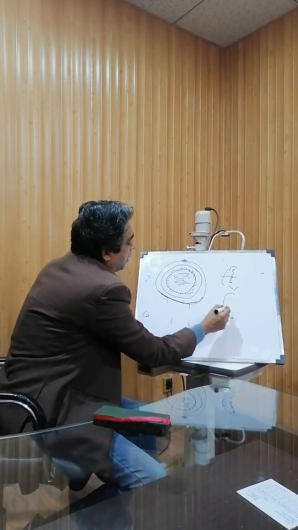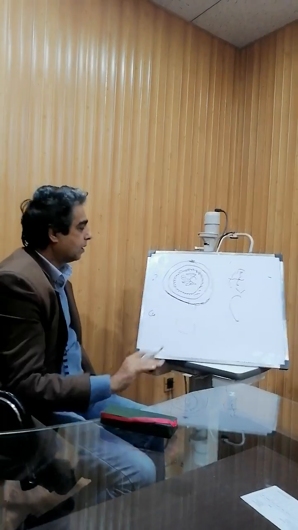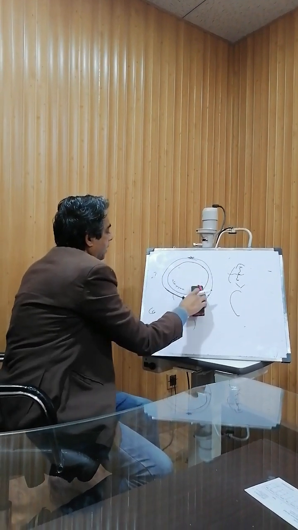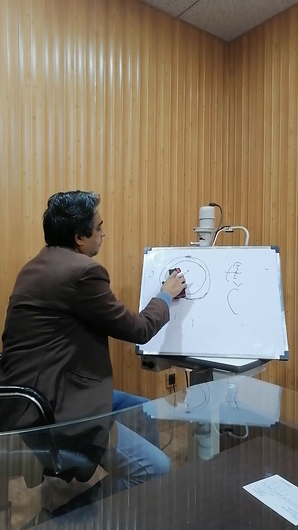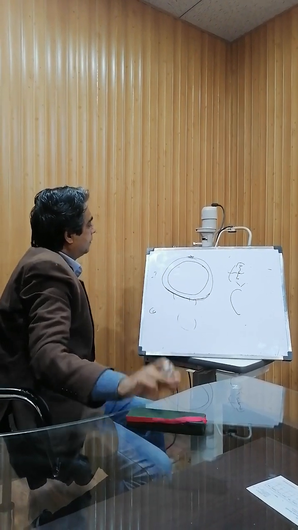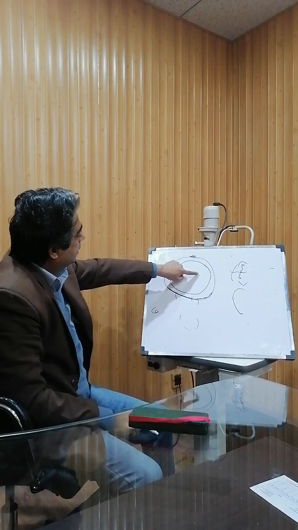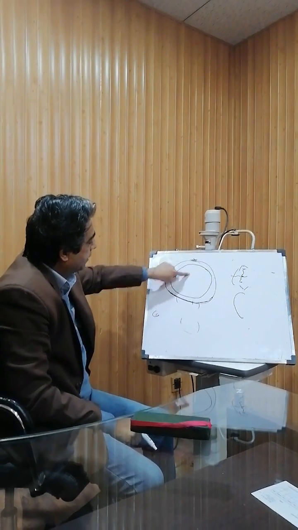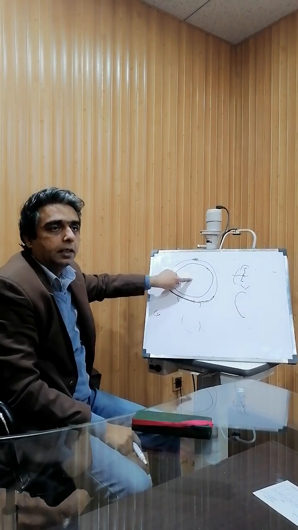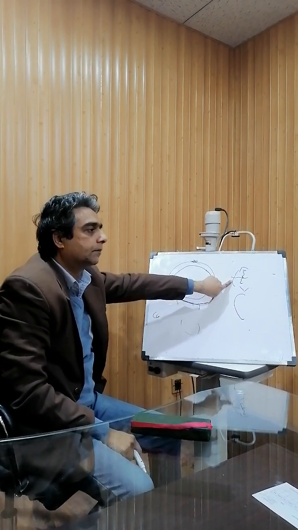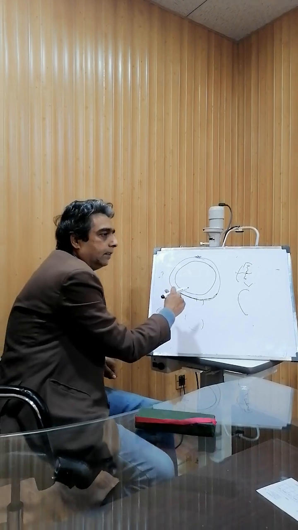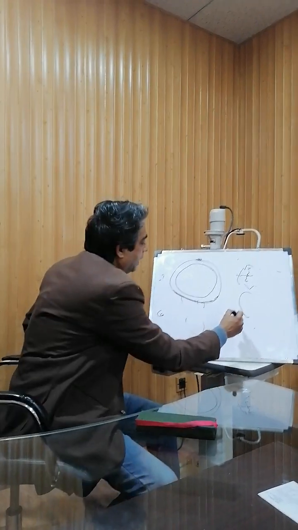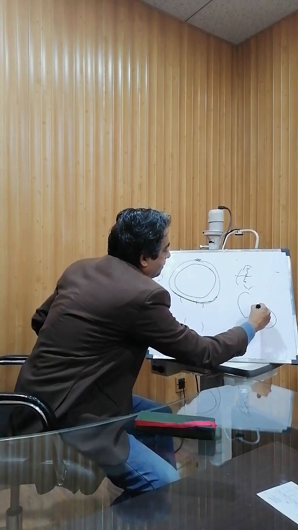After removing the cortex, we are left with this. Now this is the pupil, and this white transparent layer which is not visible is the posterior capsule. Then we will put the gel methylcellulose to make the anterior chamber, and this is the artificial lens.